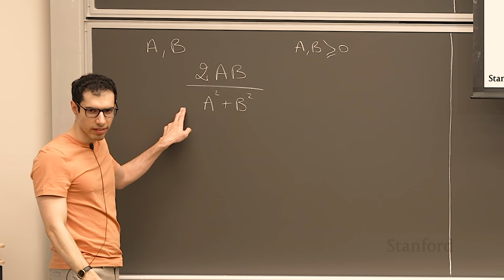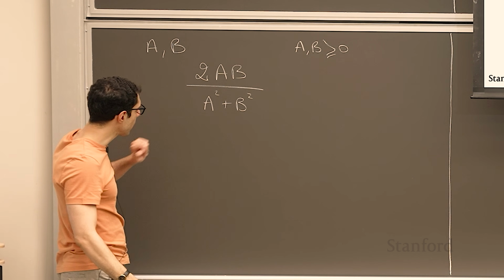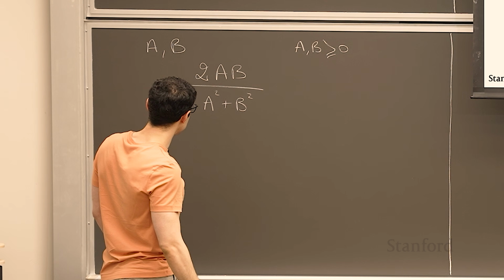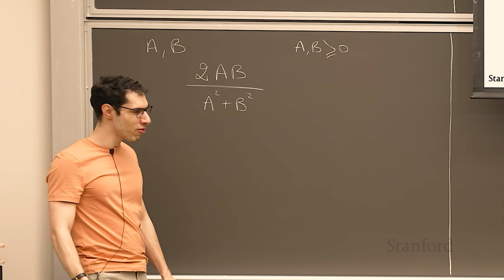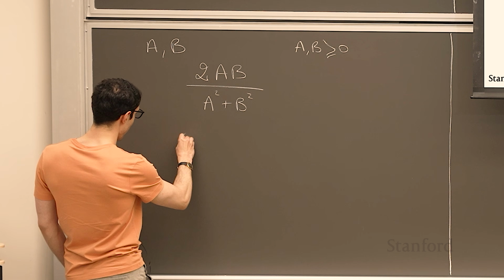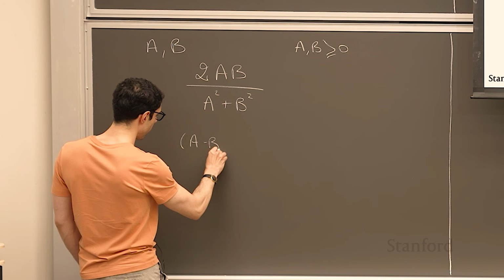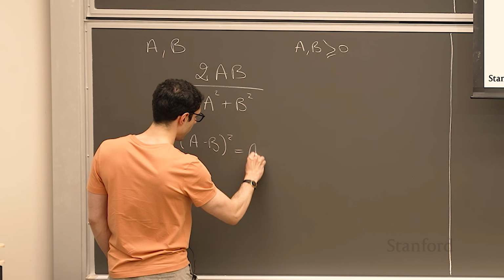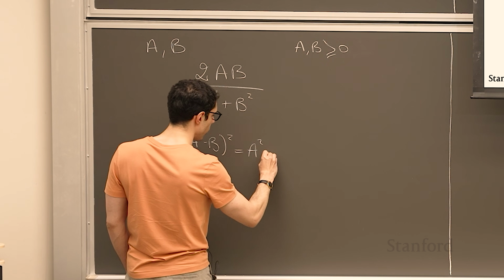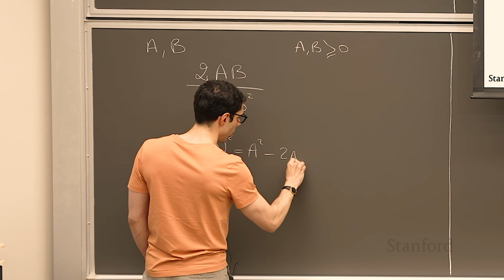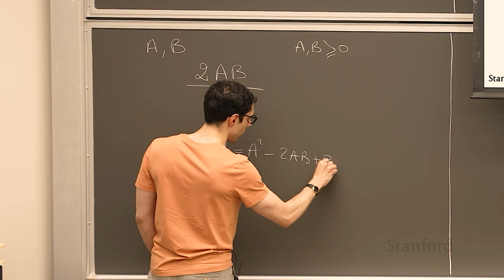So what can you say about this quantity? From high school, you may remember that you have this very general identity, which is as follows. (a minus b) squared is a squared minus 2ab plus b squared.